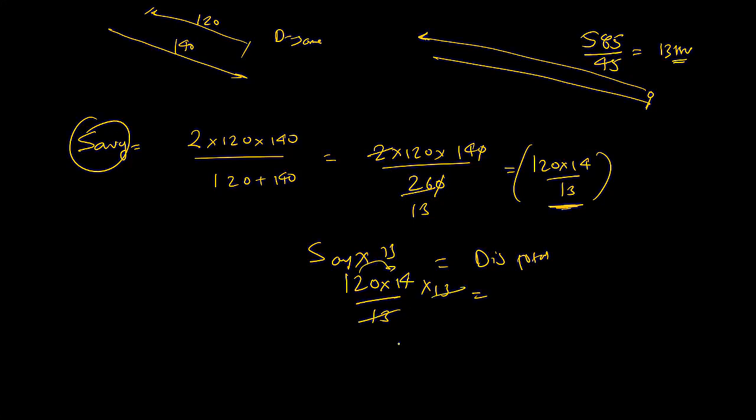So 12 into 14 is 168, 0. That is the total distance. Take your time, copy this down. Once I move away from this, you will not be able to come back to this. Copy this neatly, cleanly in your rough work.